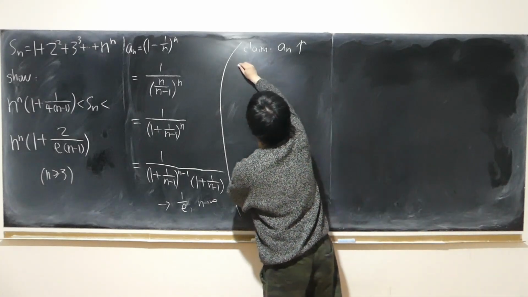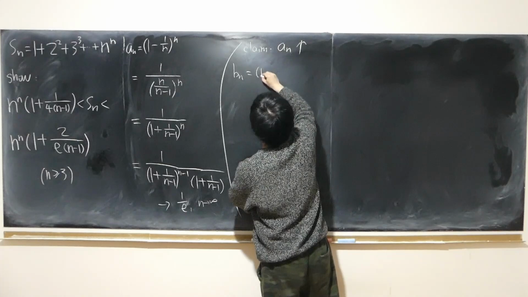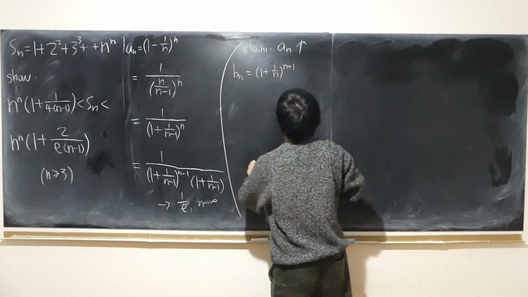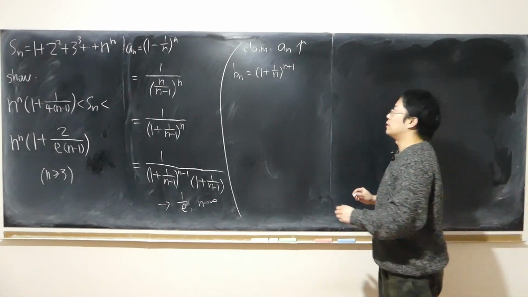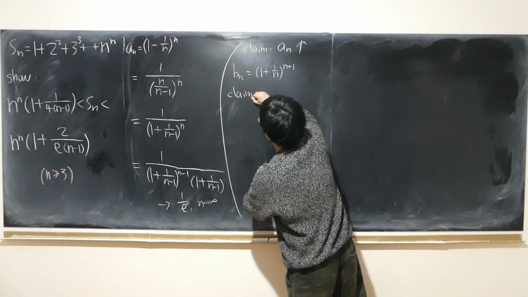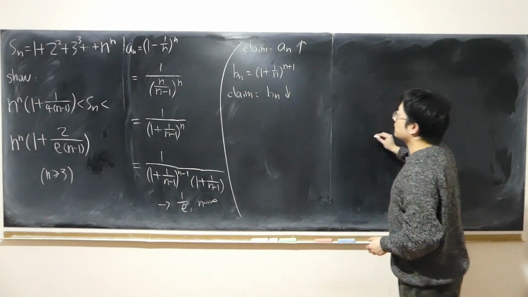Here's how. I'm going to study Bn, that is (1 + 1/n)^(n+1). Obviously approaching e. Right, I'm going to claim Bn is decreasing. Here's how.